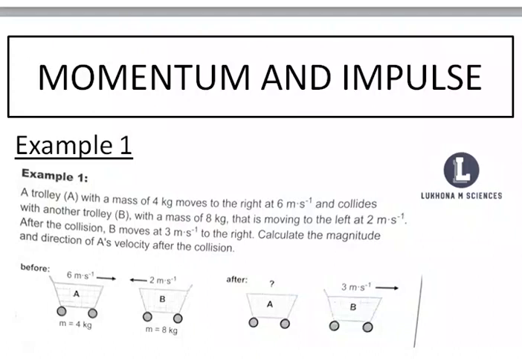Okay, so we have trolley A with this mass of 4 kg which moves to the right, and collides with another trolley B of 8 kg that is moving to the left at 2 meters per second.